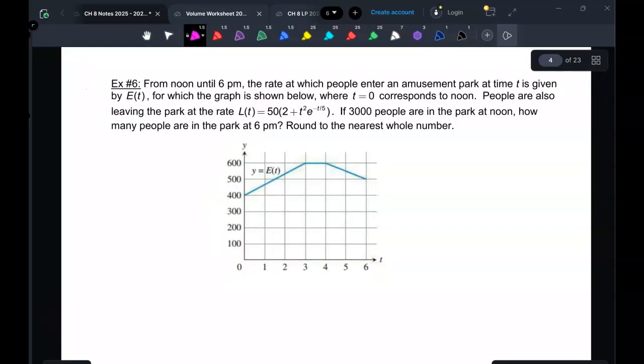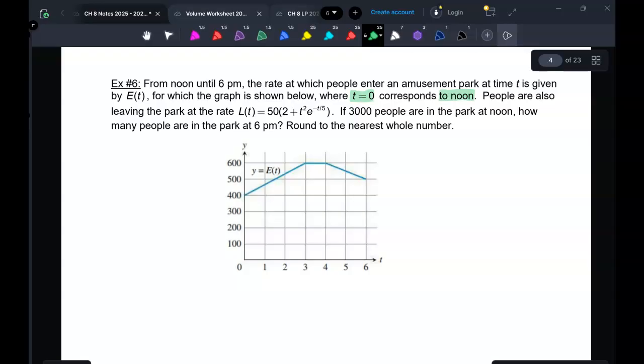This would be an example of part of a free response question, okay? So we will encounter something like this often. There's almost always an FRQ on something like this. From noon until 6, the rate at which people enter an amusement park is given by this function, E of t. t equals 0 corresponds to noon.